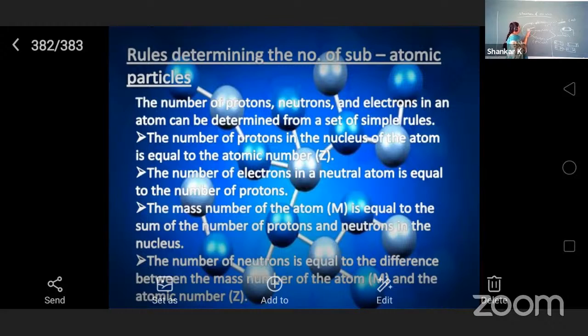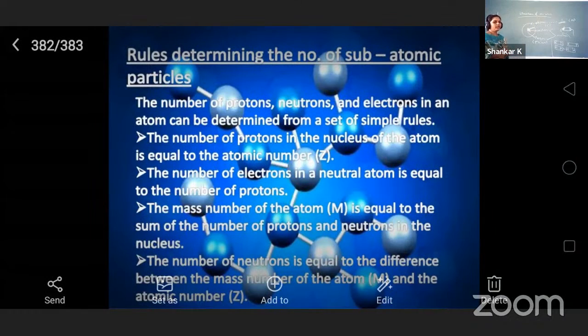So what is the atomic number? We know the atomic number of all the elements. The number of electrons in a neutral atom is equal to the number of protons.